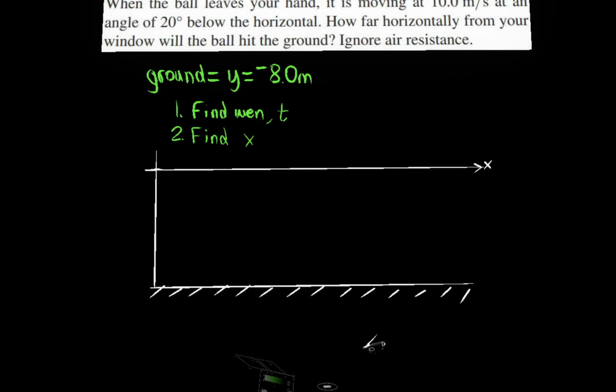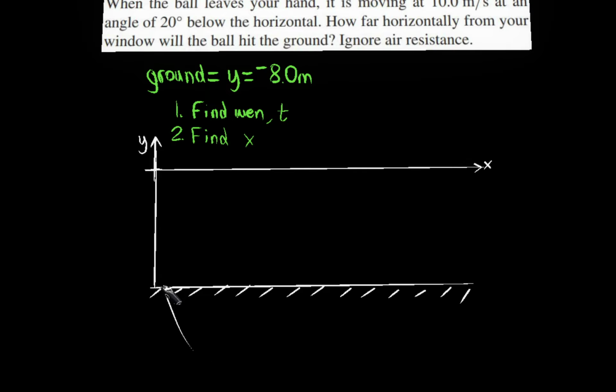That's our positive x direction. And this is still going to be positive y direction. You could, of course, make down the positive y direction, and you'd have to make sure that your gravity is not negative 9.8, it's positive 9.8. Many ways to do the same thing, but this, I believe, is the easiest way to do this.